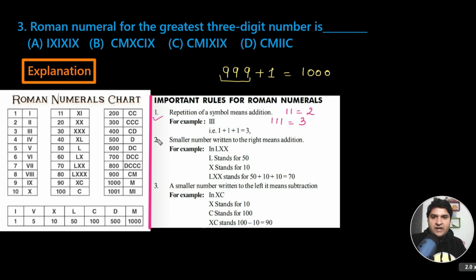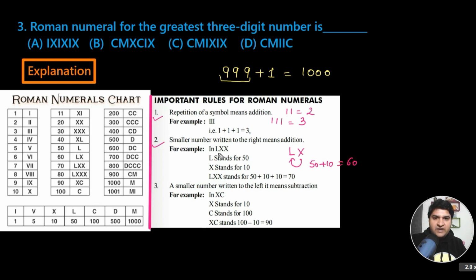In the second rule, you can see a smaller number written to the right means addition. If we are writing the smaller number on the right hand side, which means we are adding to that number. Let's say we are writing LX, which means we are adding this 10 to this 50. So 50 plus 10, you will get 60.